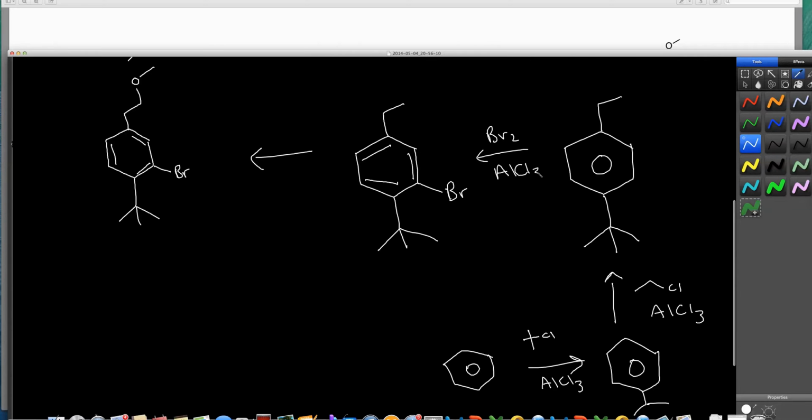Again, AlCl3, FeBr3. Finally, we want to do a free radical bromination in the first step, an elimination reaction with potassium T-butoxide, and maybe some heat. Then we want to do hydroboration oxidation.